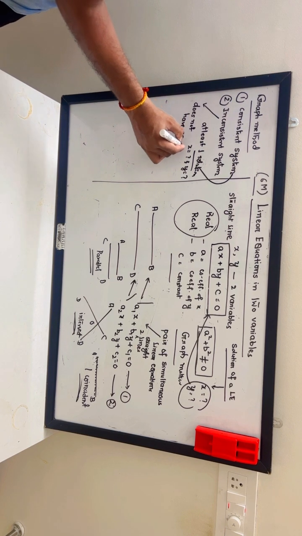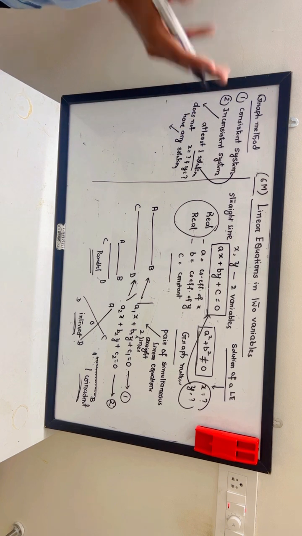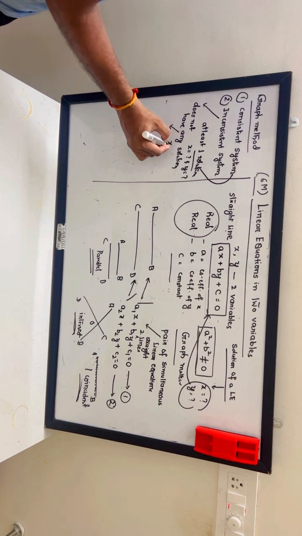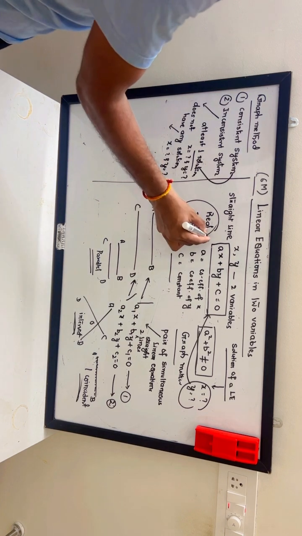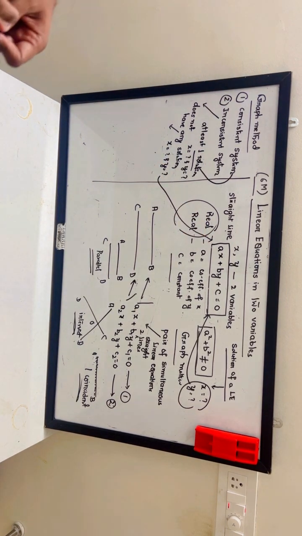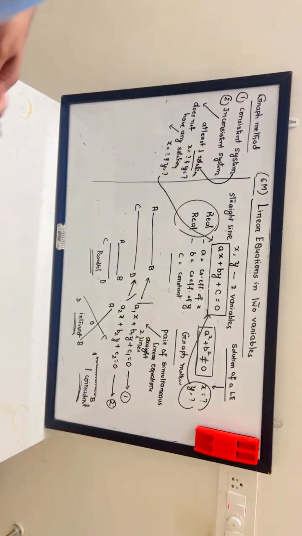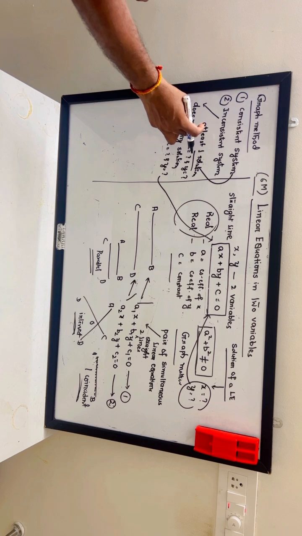Just let me write down. What does it mean? No solution means there is no x value and y value which satisfies this equation ax plus by plus c equal to 0. Okay? Right? So in consistent we have at least one solution.